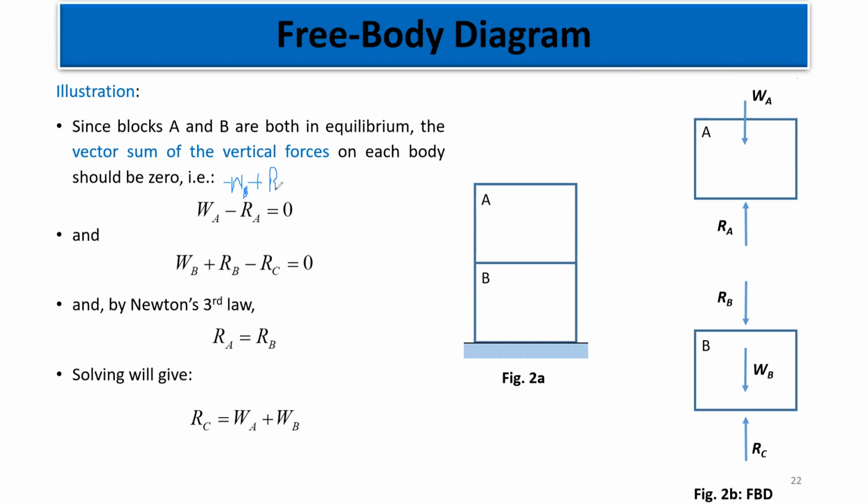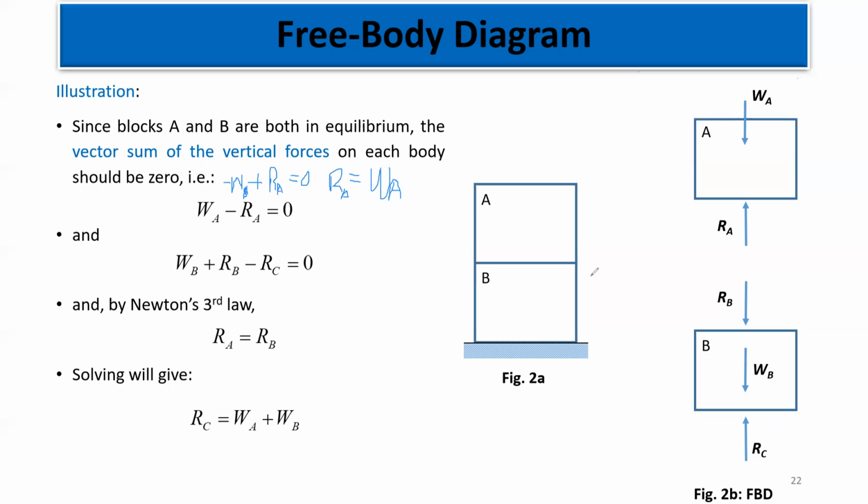So RA minus WA, everything here should be equal to 0. You see. Now I can say that RA here should be equal to WA. You see.